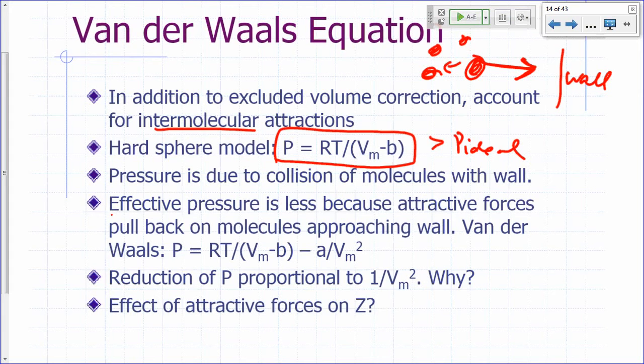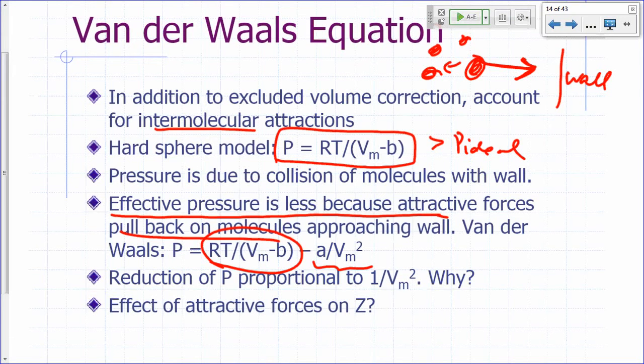Your effective pressure would be less because the attractive forces pull back on those molecules approaching the wall. So in addition to this correction right here, we have to subtract something from this expression so you can lower the effective pressure.